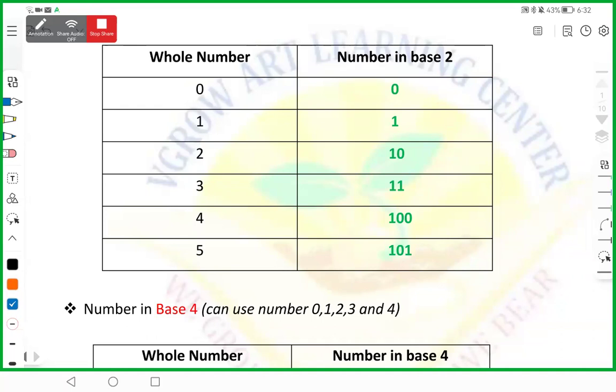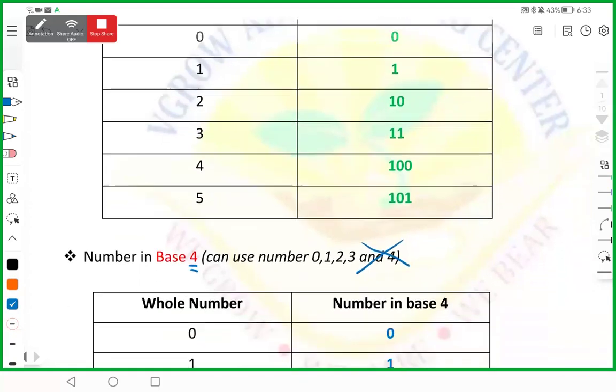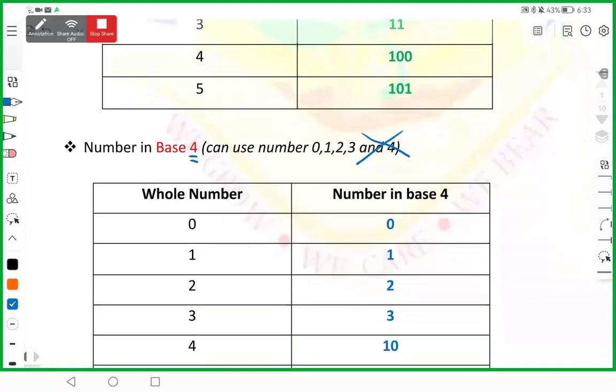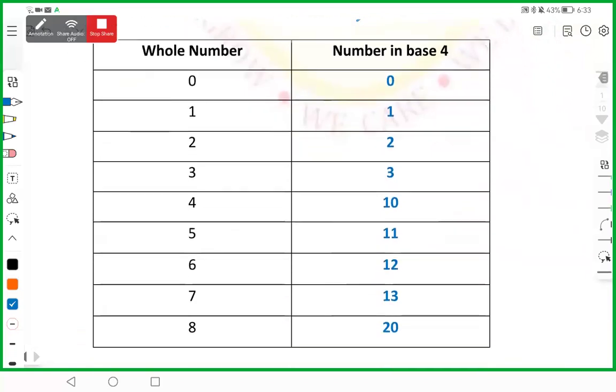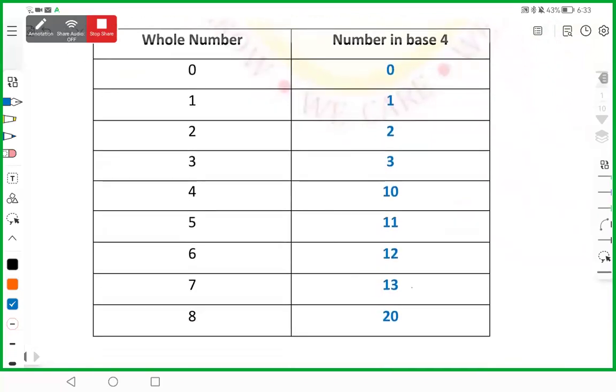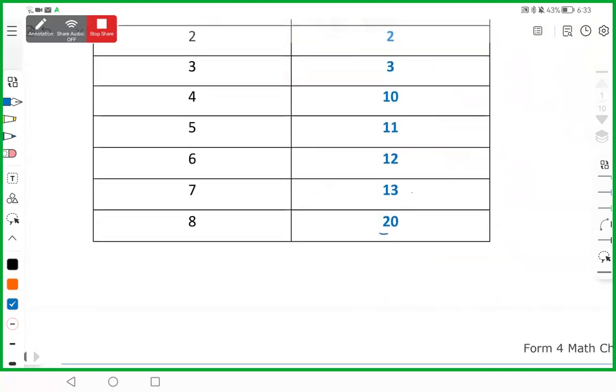Number in base 4, typo error here, you won't see 4. There are only 4 digits: 0, 1, 2, and 3. Base 4 means 4 digits only. Start from 0: 0, 1, 2, 3, 1, 0, 1, 1, 1, 2, 1, 3, no 4, so it becomes 2, 0. Then 2, 1, 2, 2, 2, 3.